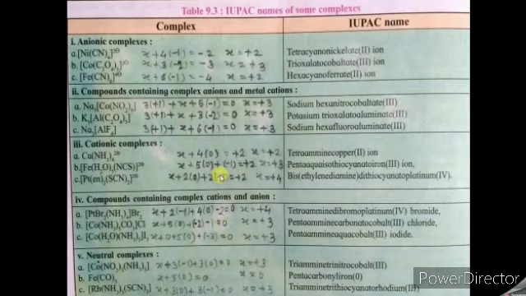So X is equal to plus 3, written in round bracket as a Roman numeral. So there are 5 ammonia molecules, so pentaammine, then 1 carbonato, cobalt as it is, write down the oxidation state 3, and outside the bracket chlorine is there, so chloride.